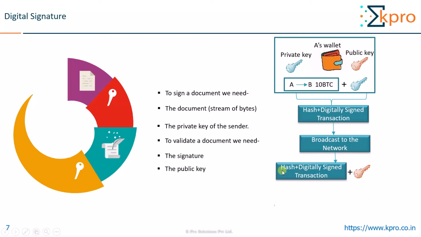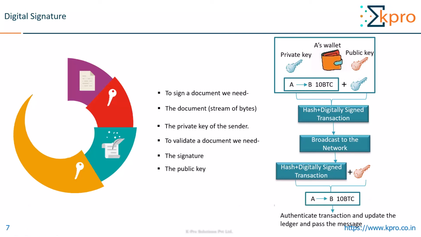After decrypting the digitally signed transaction, he will get the hash, because A initially hashed this transaction and then encrypted it. And if these two hashes match, then the transaction will be authenticated and updated in the ledger. So this is basically what the digital signature is.